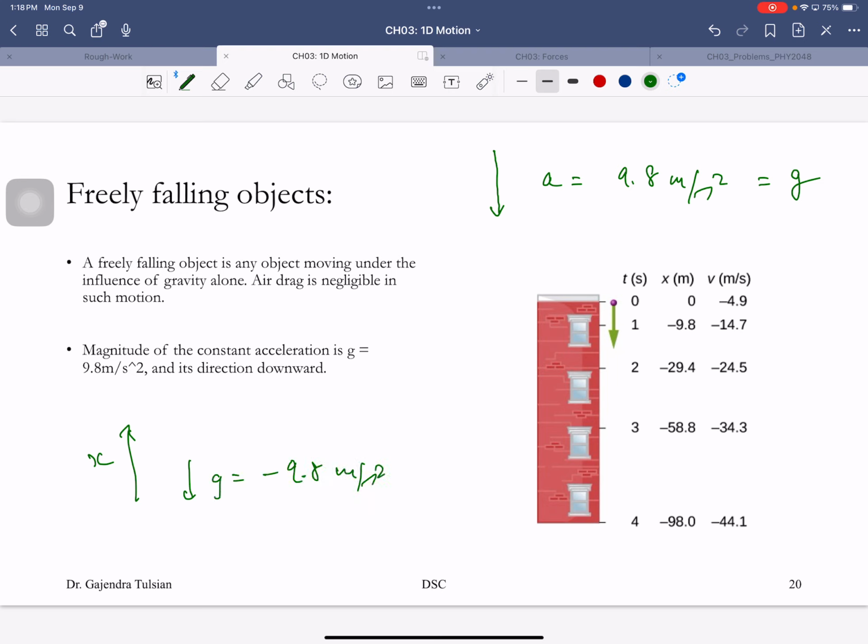If this is the positive direction of the axis, acceleration is that, and if your axis is pointing this way, then the acceleration is 9.8 meters per second squared.